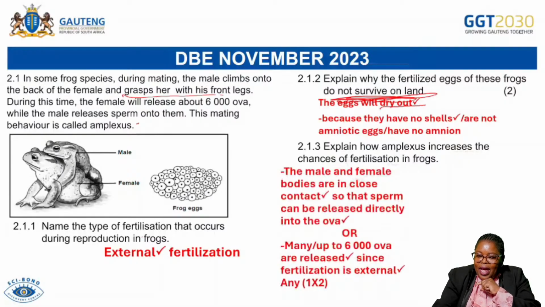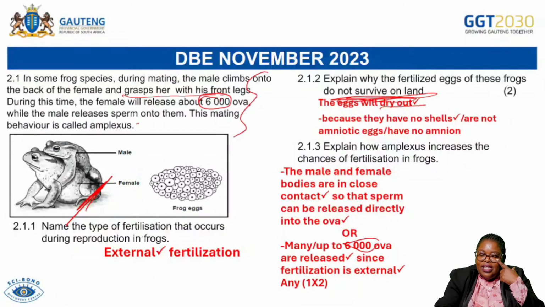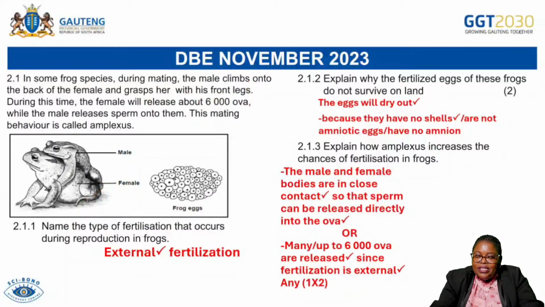So the male and female bodies are in close contact, as you can see, so that sperm can be released directly onto the ova. According to the information given in the case study, up to 6,000 ova are released since fertilization is external. So you can get your free marks there.